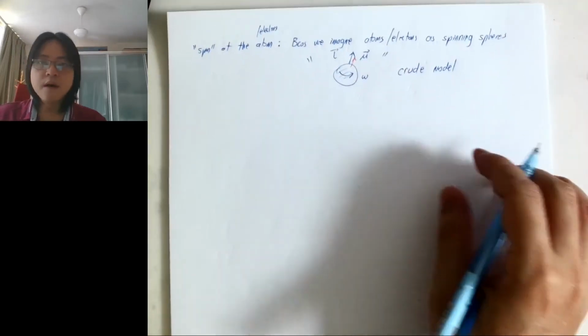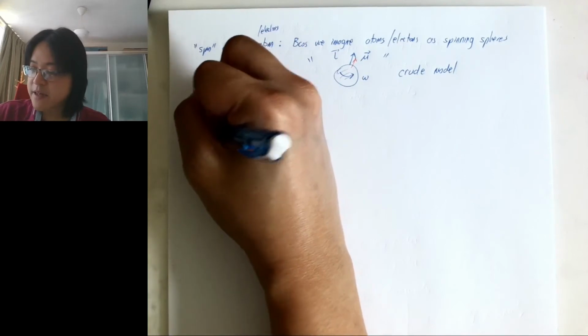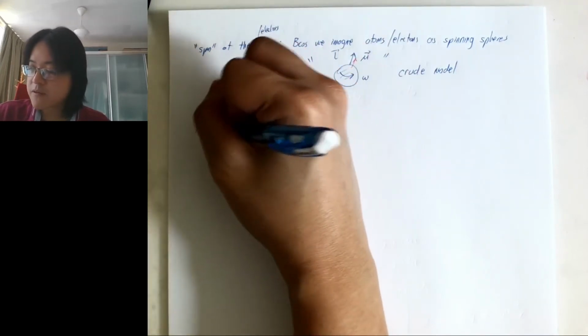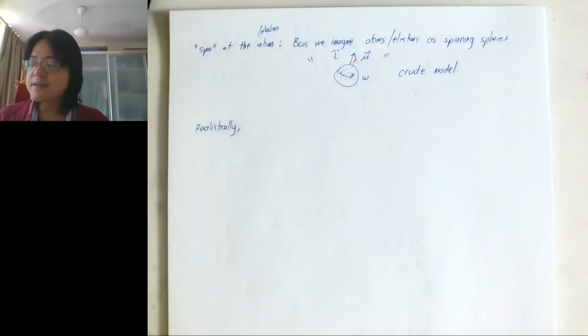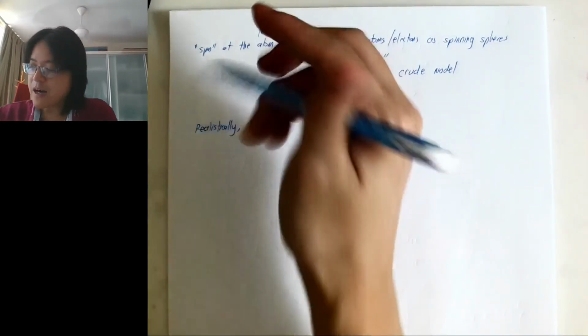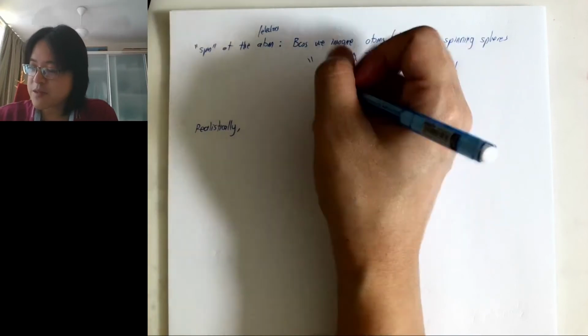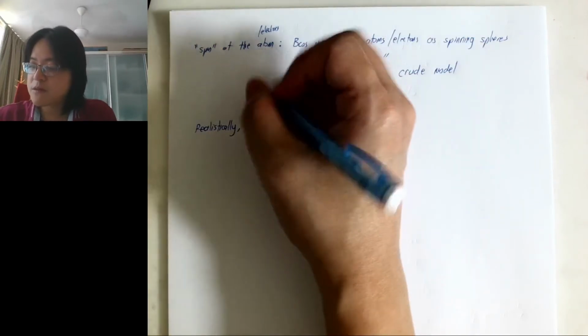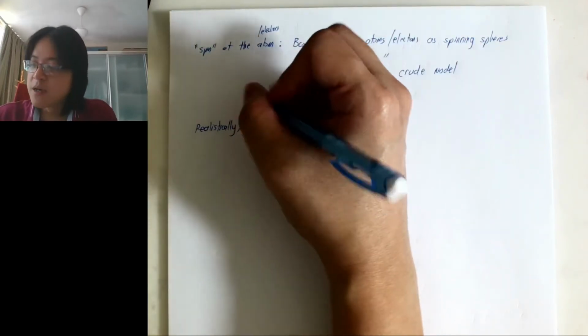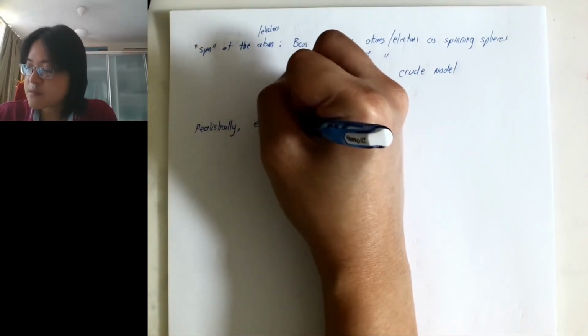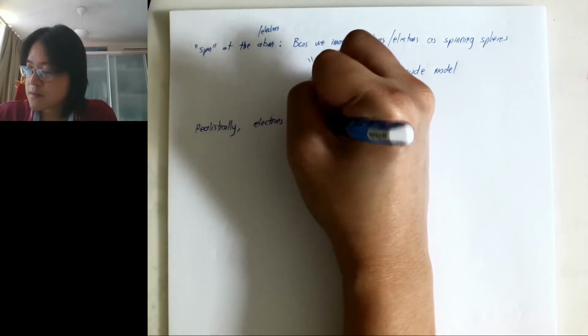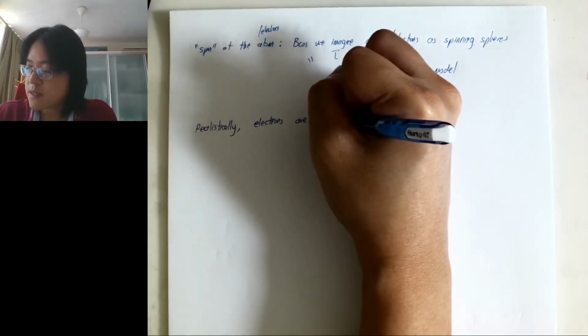Realistically, in real life, it is a bit messy. So I'll just mention this a little bit to clarify, but we will not worry ourselves too much, because the problem is electrons are literally just points.